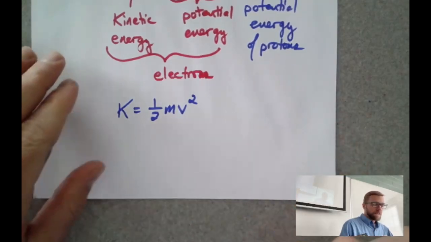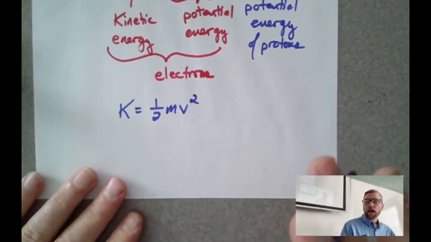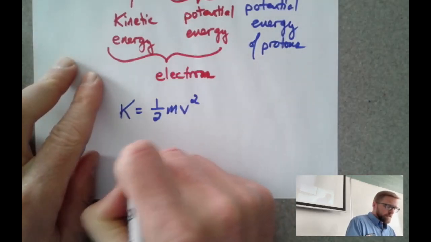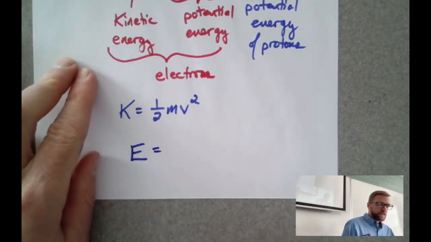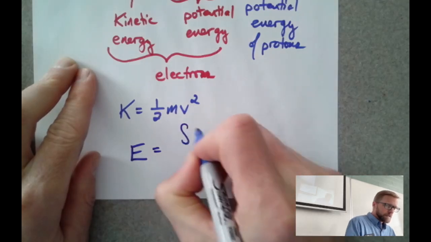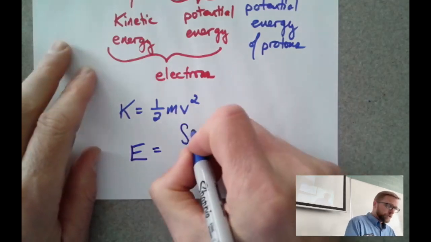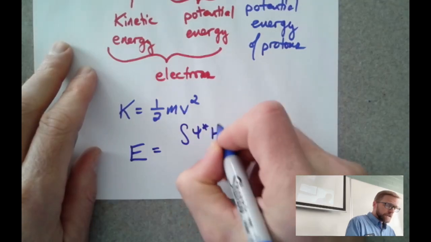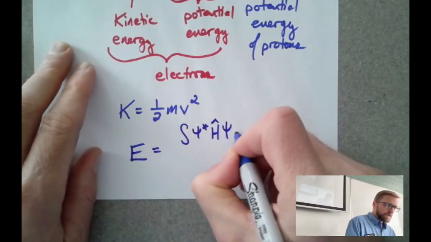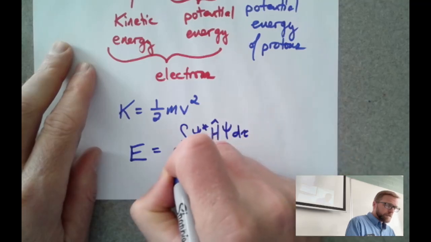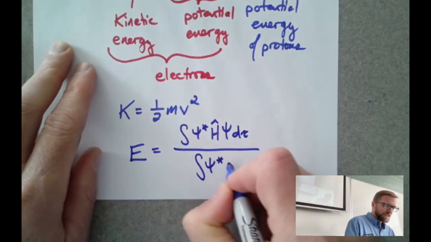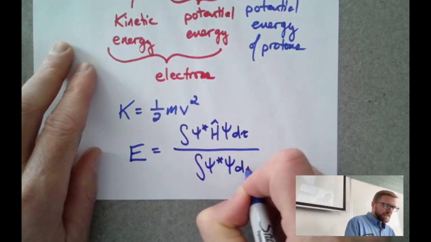The variational method is an approximation that says that the energy is equal to the integral of psi star H hat psi d tau over the integral of psi star psi d tau.